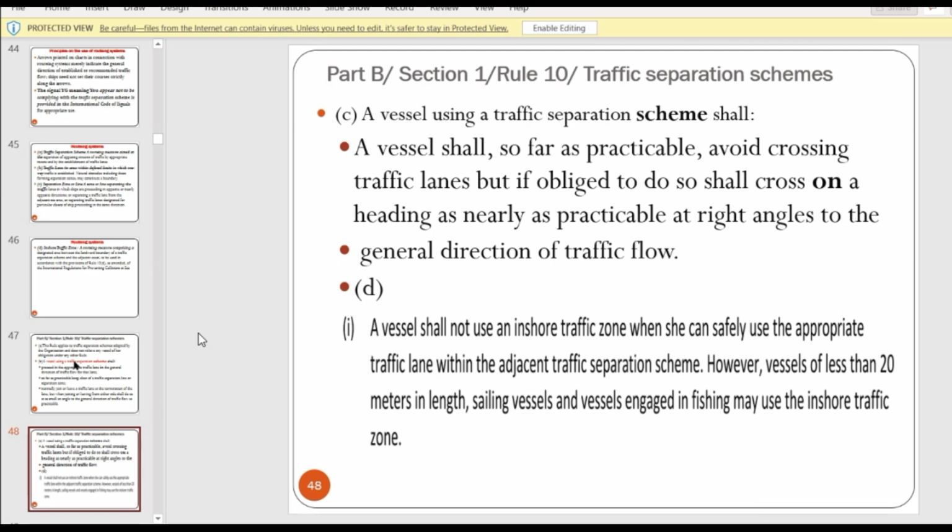All of us know what the use of an inshore traffic zone is. So if there is an inshore traffic zone adjacent to a TSS, a vessel should not use it if she can safely navigate through the traffic lane.